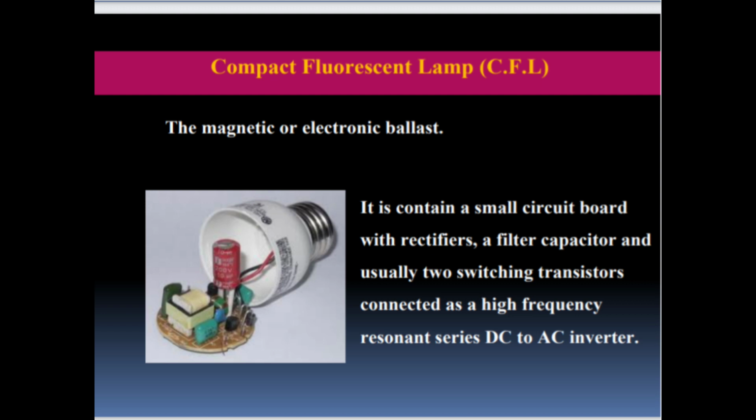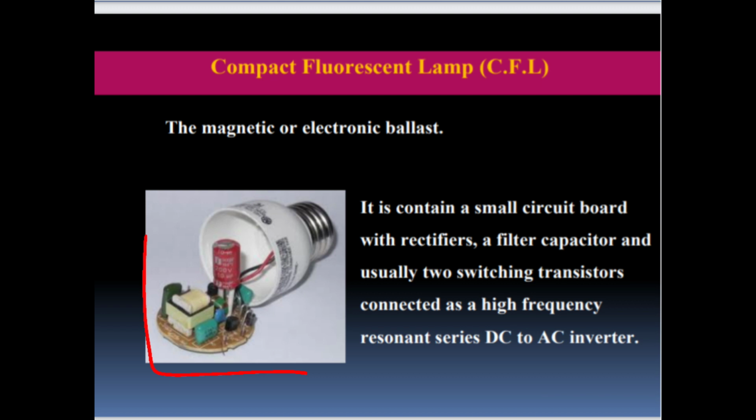Here see, it contains a small circuit board with rectifiers, a filter capacitor and usually two switching transistors, connected as a high frequency resonant series DC to AC inverter. So this is the magnetic or electronic ballast.